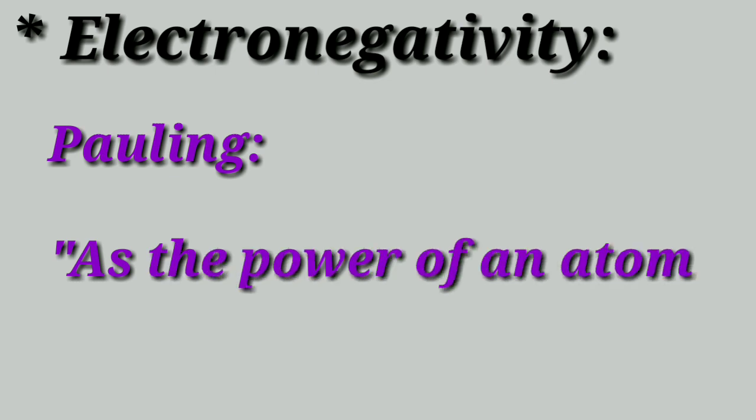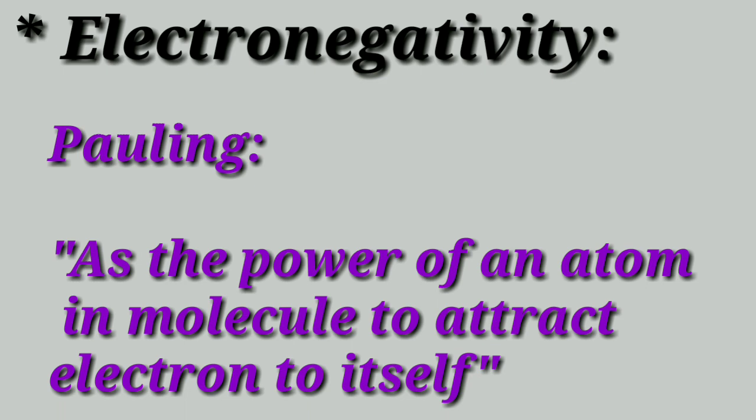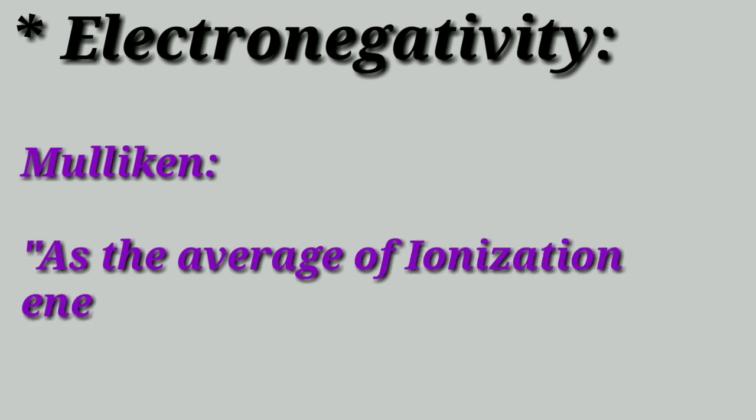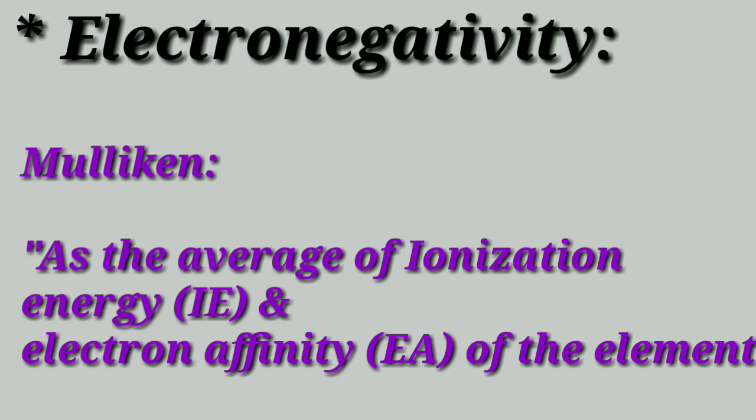Students, the term electronegativity has been defined differently by different investigators. Pauling defined electronegativity as the power of an atom in a molecule to attract electrons to itself. Mulliken suggested that electronegativity can be regarded as the average of ionization energy and electron affinity of the element.